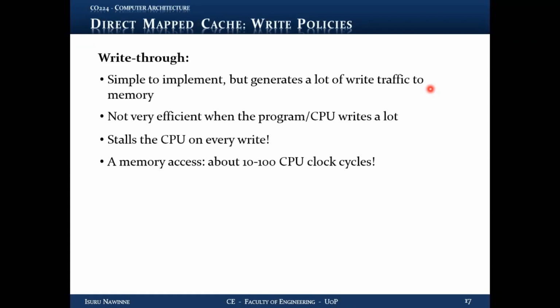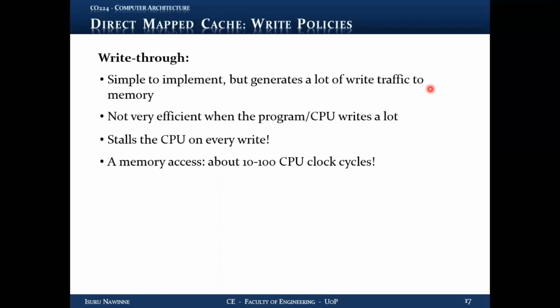A memory access usually takes about 10 to 100 CPU clock cycles depending on the implementation. So for every write, you need to stall your CPU that many cycles, which is going to be very inefficient for us.